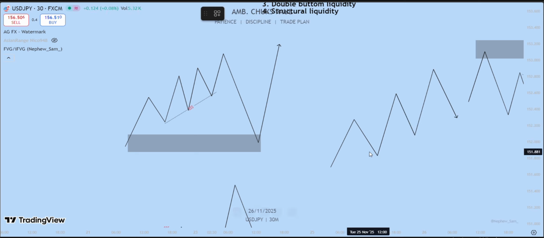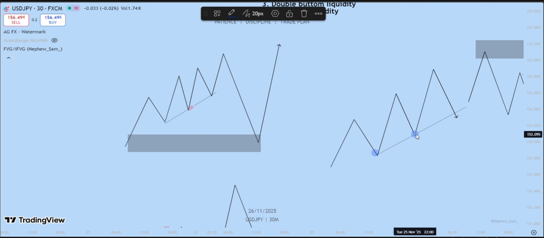So if we mark our trend line from here, we have one touch, two touch, and we have the third touch. So here we have the first touch, second touch. Once you have first and second touch, you can now extend the line as far as wherever it wants to get to, right? Then third touch.